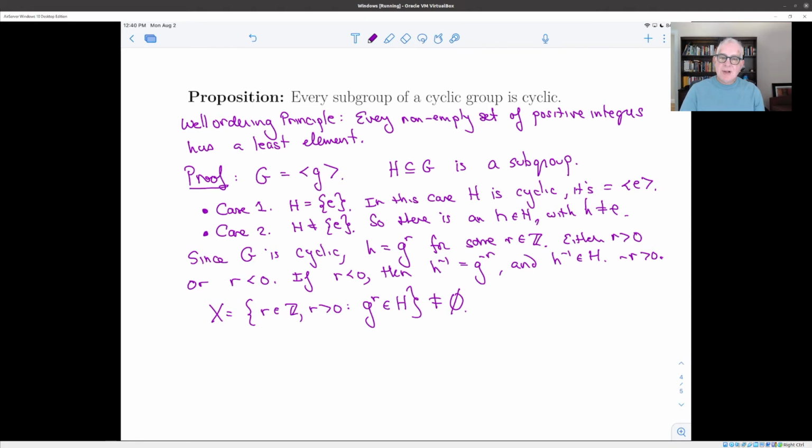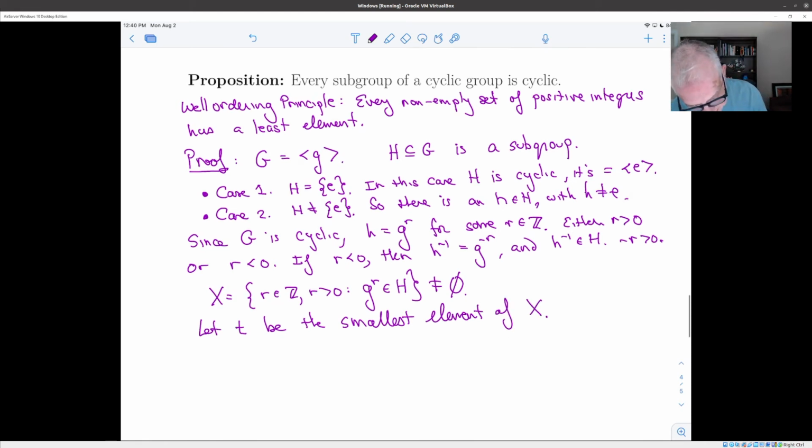And now we can apply the well-ordering principle to this set, and let's let t be the smallest element of X. And let's let a be g to the t.